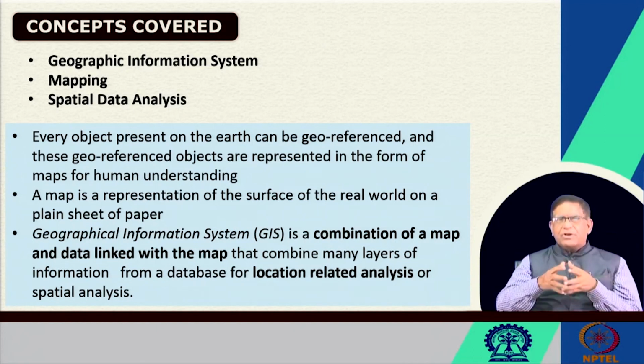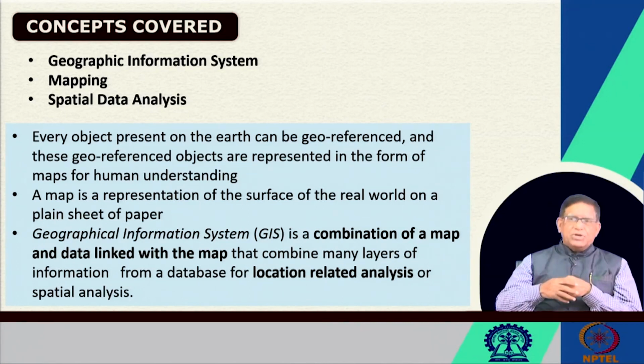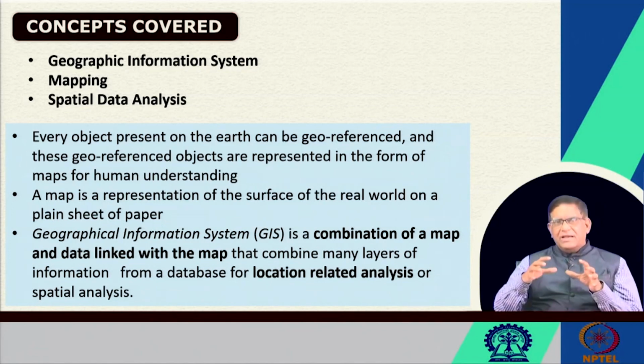So a geographic information system is a combination of a map and data linked with the map. The basic database concept has been brought into place for geographically or spatially located information, and that is why you can do all location related analysis with it.